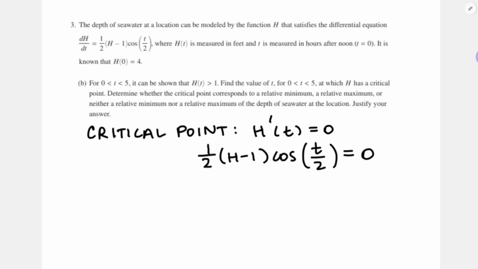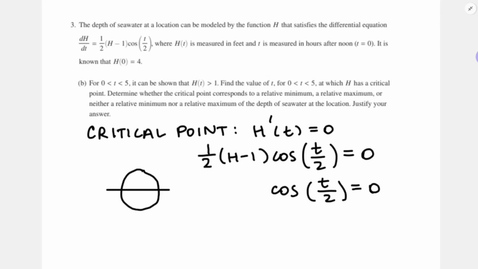They told me that h is always greater than 1, so h minus 1 is always positive. So really the only thing that could be zero is this cosine. I'm interested in where cosine of t divided by 2 equals 0. I'm going to think about a unit circle right here. Where is cosine equaling 0?